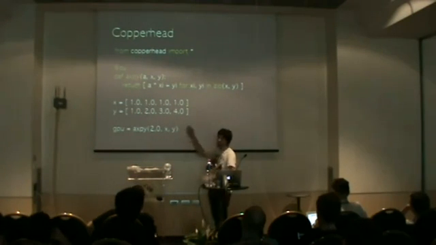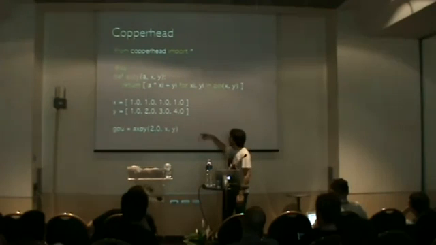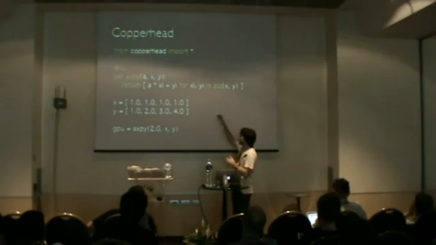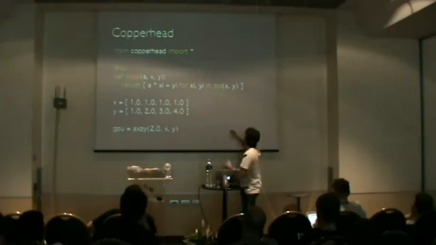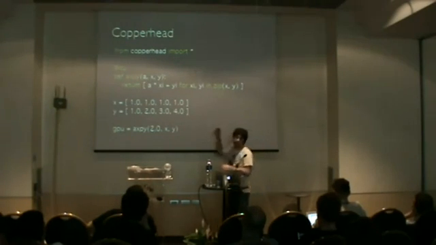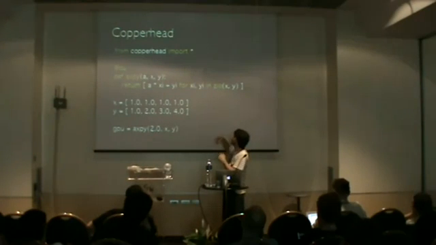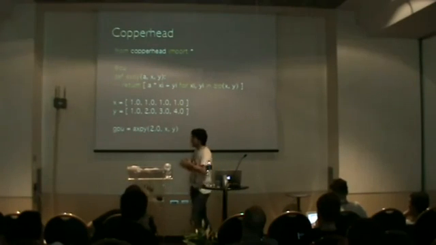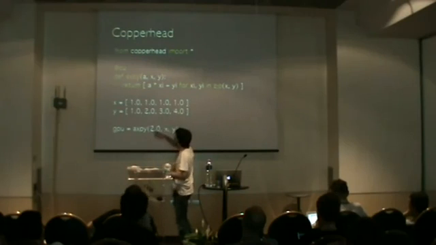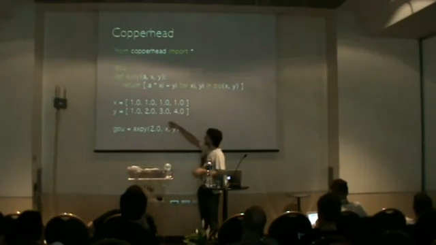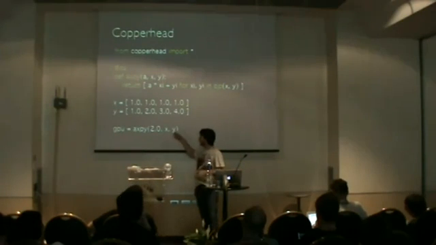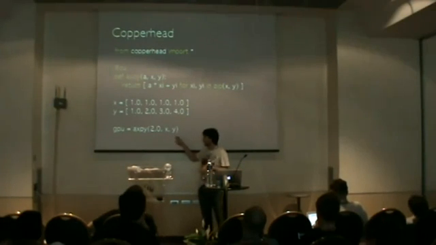I defined a simple AX plus Y function using a standard list comprehension syntax and the standard zip operator, that is an operator that is overwritten by the name that I imported from the Copperhead module. And then I can declare vectors as standard Python lists, and then I call the AX plus Y function.